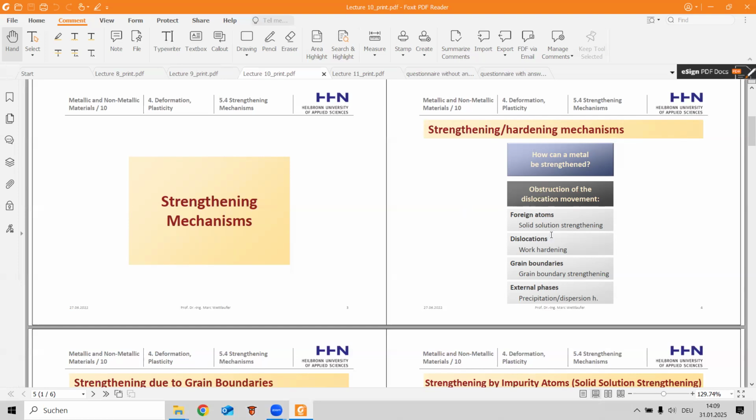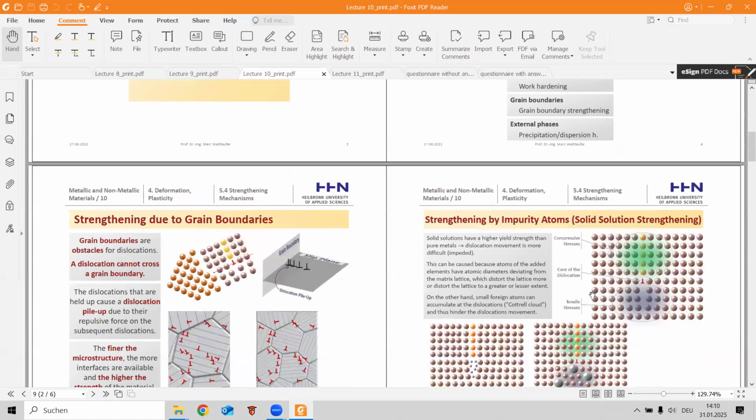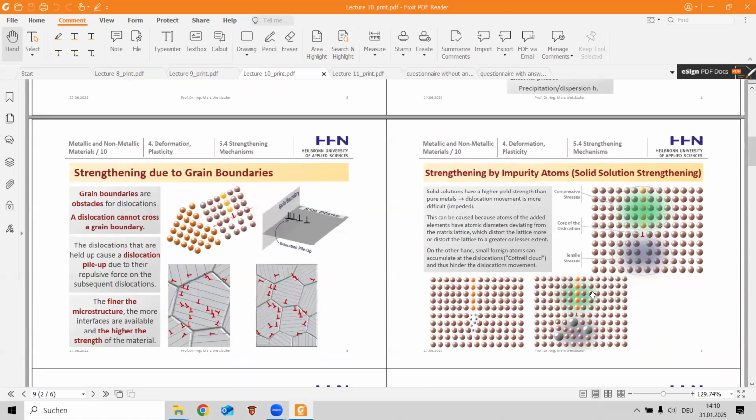Foreign atoms: solid solution strengthening. Dislocations: work hardening. Grain boundaries: grain boundary strengthening. Foreign phases: precipitation and dispersion. Strengthening due to grain boundaries. Grain boundaries are obstacles for dislocations. A dislocation cannot cross a grain boundary.